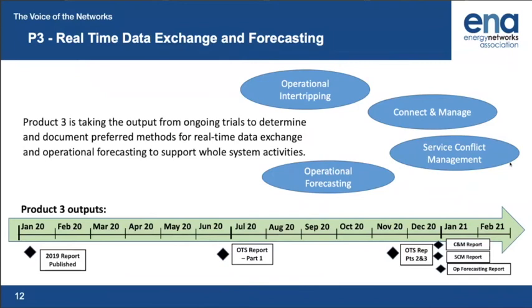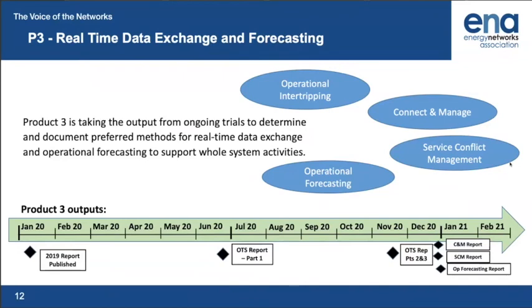I've been supporting the team here that has been set up to do product 3. Going forward, it'll be Ali Amidi from UKPN who will lead this area. Along the bottom there's a timeline of some of the outputs.